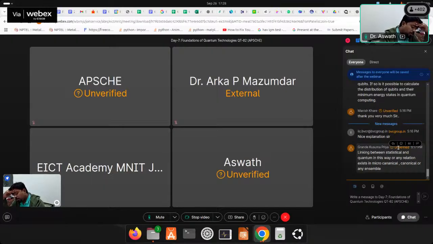So T1 and T2 are very crucial factors, which will be some fixed values. If the T1, T2 values are fixed for every qubit, it is fine. If the T1, T2 values of a particular qubit are less than the actual requirement, what happens? This particular qubit goes out of order, out of sync with the other qubits. That is what we call decoherence.